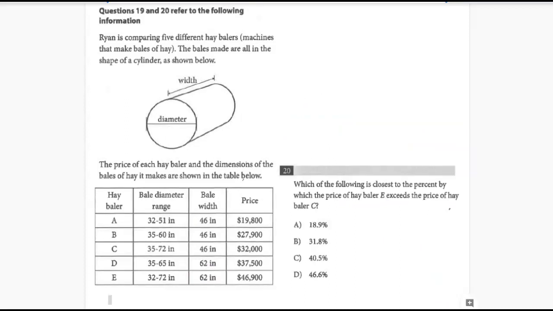All right, second part of this question, number 20. Which of the following is closest to the percent? So we got another little stats or percent problem here. By which the price of baler E exceeds C. So basically they want to know how much more E is than C. So we got to look at E is 46,900.